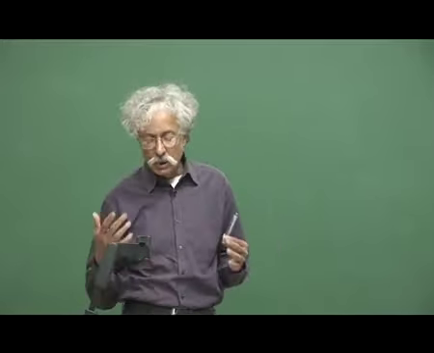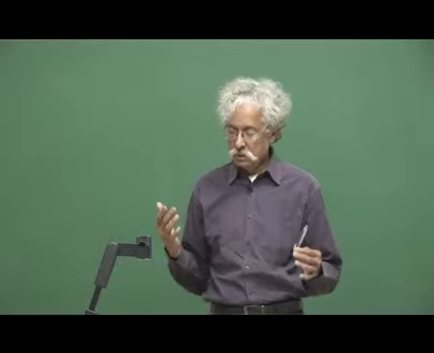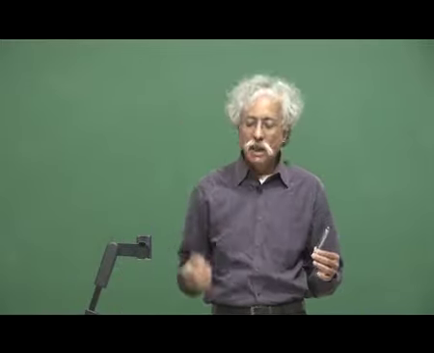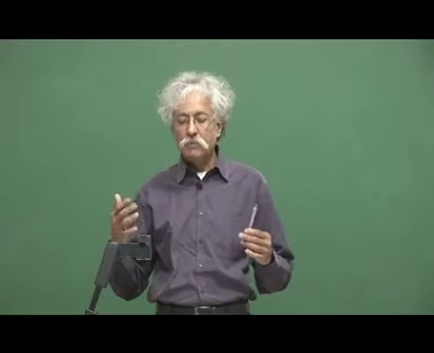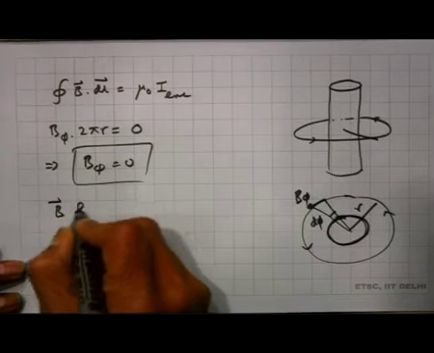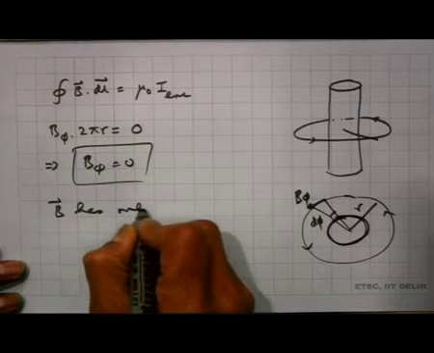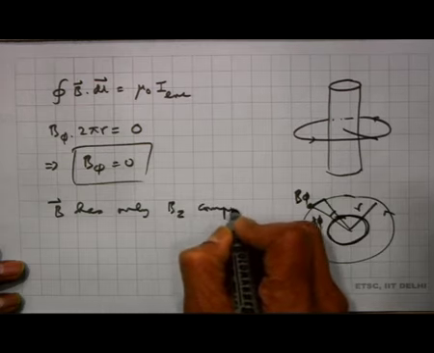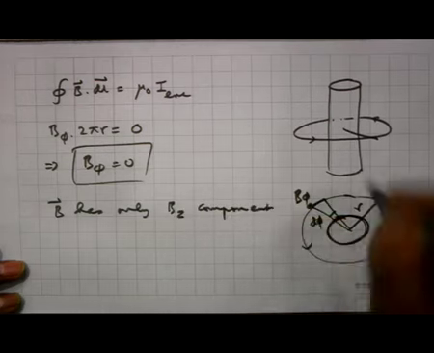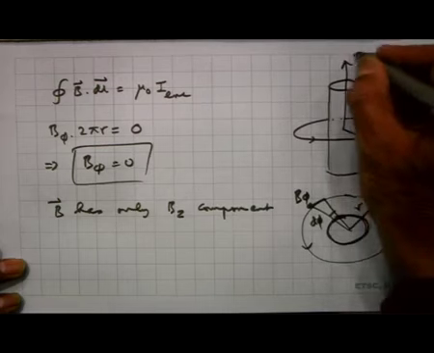In fact, you can also use the Biot-Savart law with current elements in different directions, again using symmetries, to show that the magnetic field has only a Bz component, with the z axis like this.